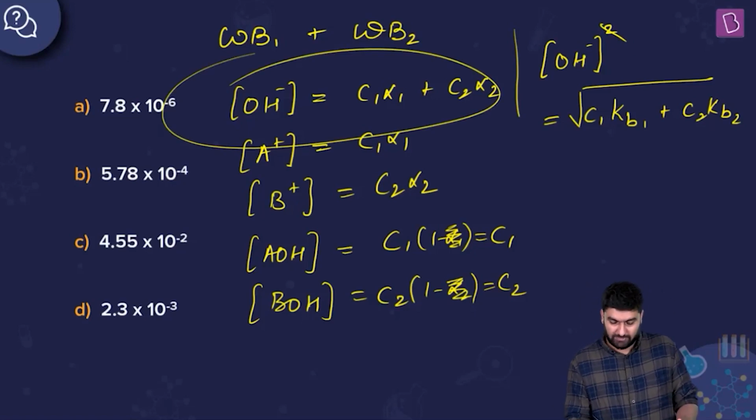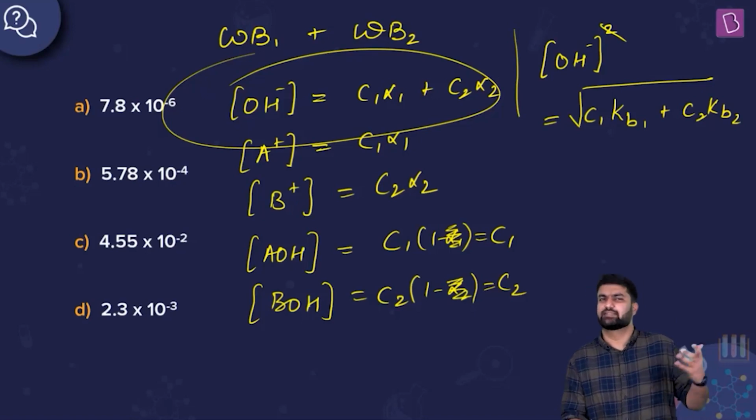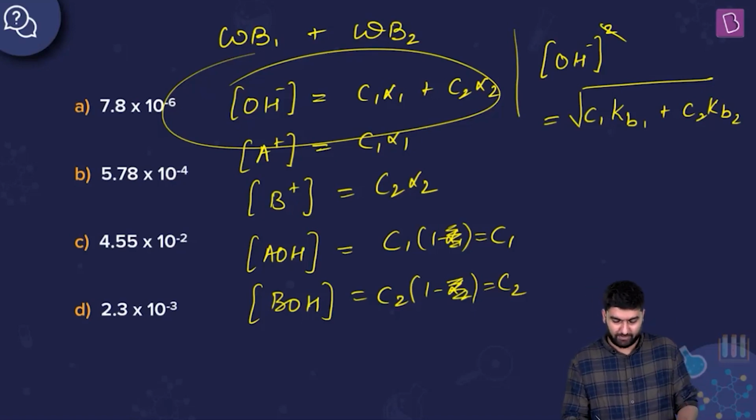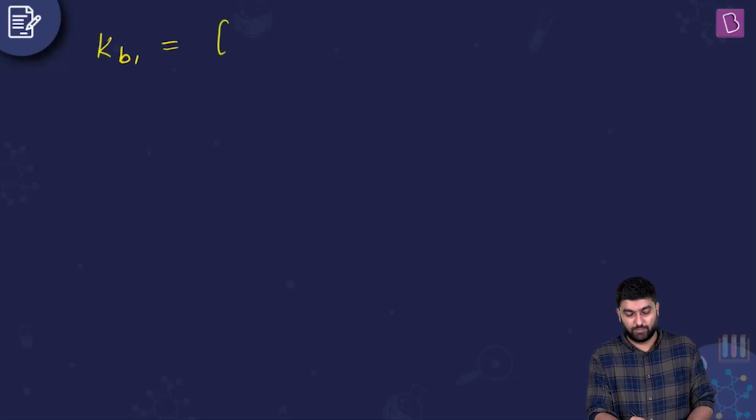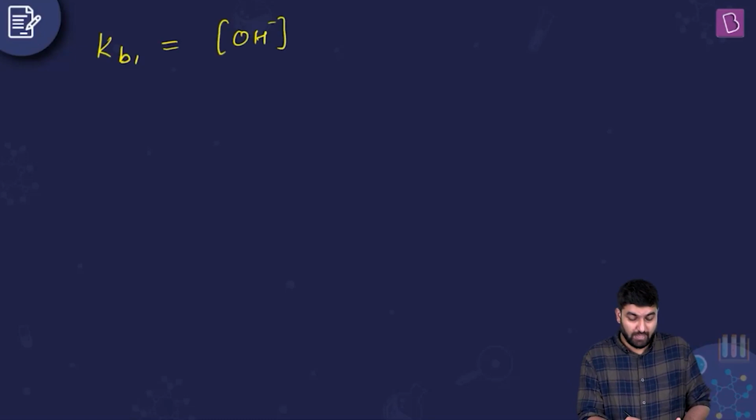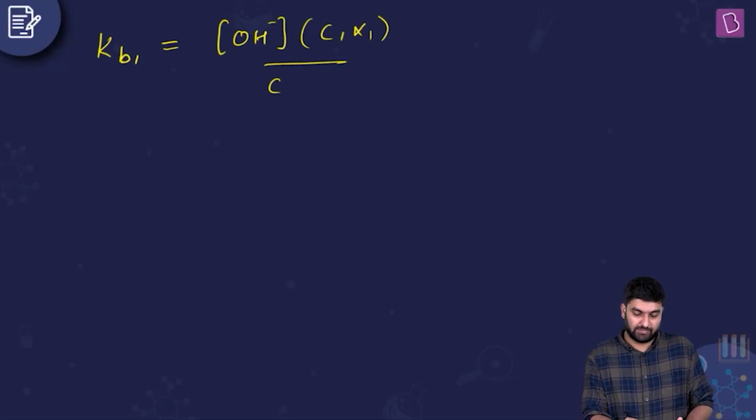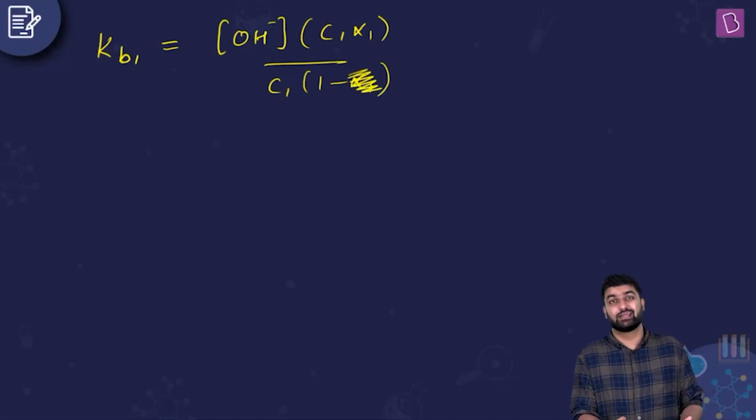And what is this value going to be? We'll calculate it in a bit. The point I'm trying to make is that if you write the expression for KB1, it's going to be the OH minus concentration, which is C1 alpha 1 plus C2 alpha 2, multiplied by C1 alpha 1 and divided by C1 times (1 minus alpha 1), wherein alpha 1 can be neglected.